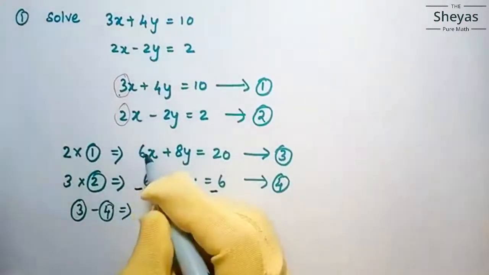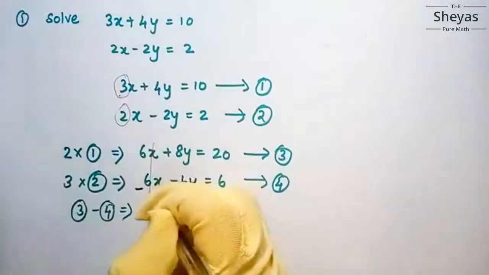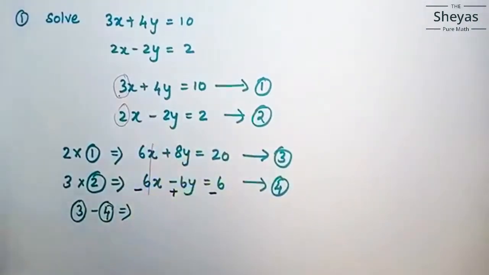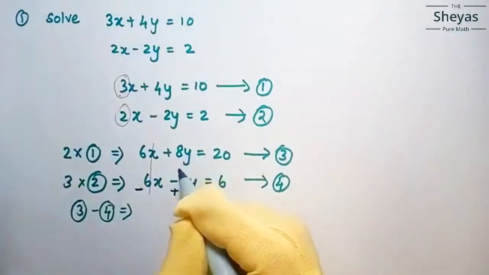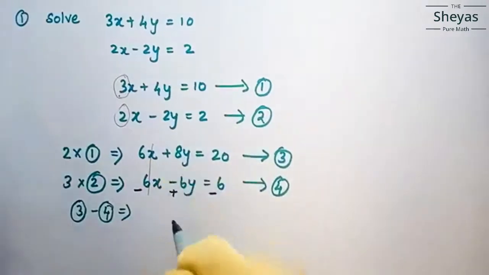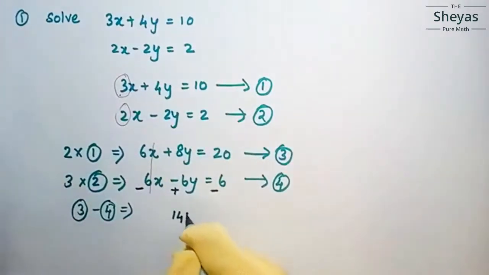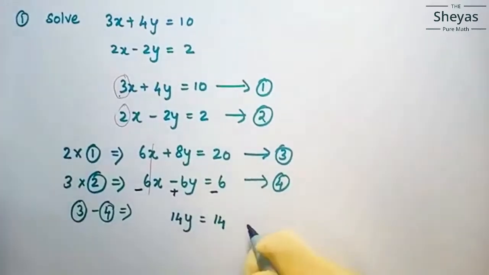So when you subtract, what will you get? 6x minus 6x will be 0. This value gets eliminated. Then 8y minus of minus 6y is plus 6y, so 8 plus 6y will be 14y, and 20 minus 6 will be 14.